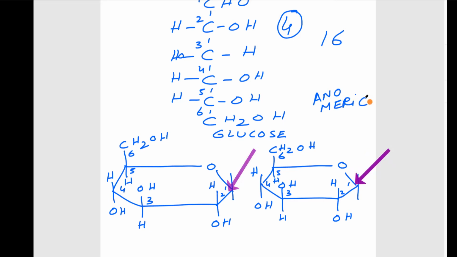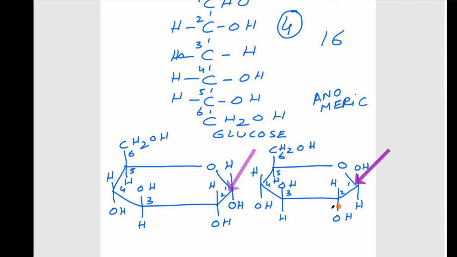The configuration around this anomeric carbon is what differs between two anomers. In the first one, the hydroxyl group is below the plane of the ring, whereas here the hydroxyl group is above the plane of the ring.